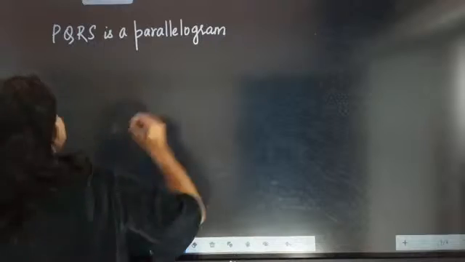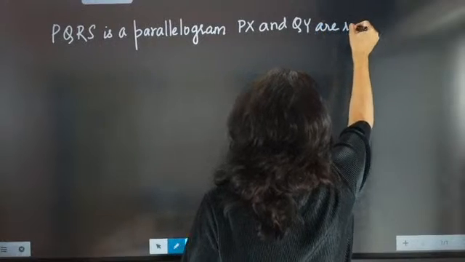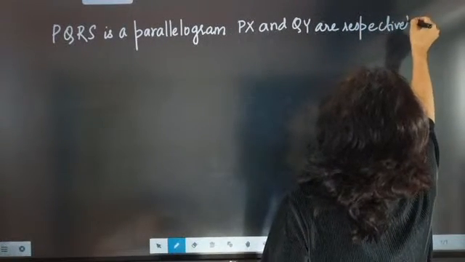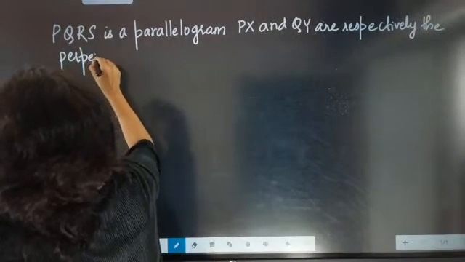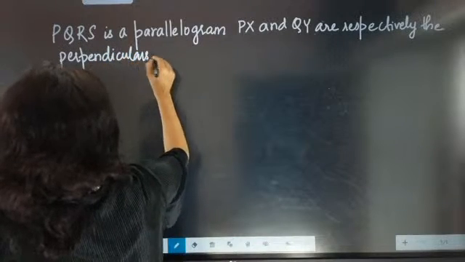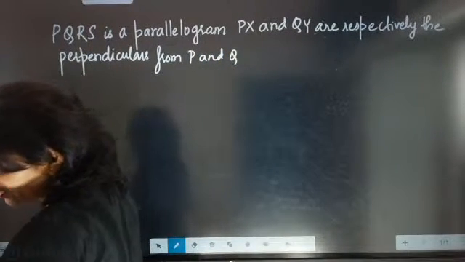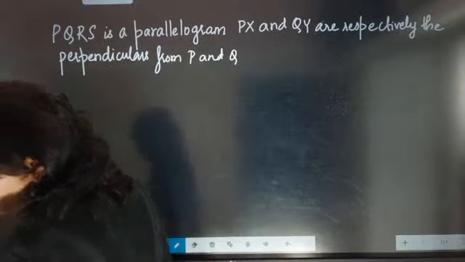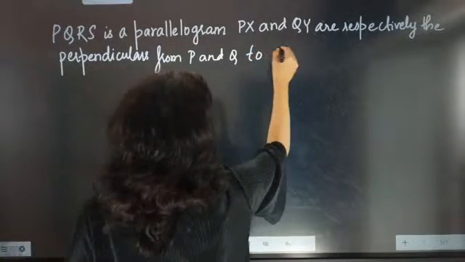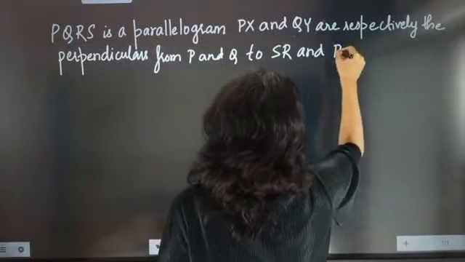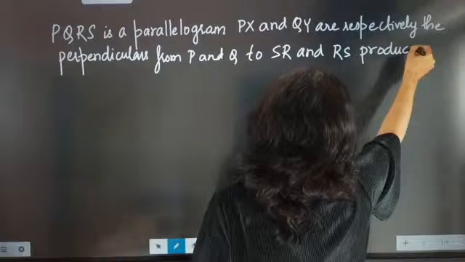PX and QY are respectively the perpendiculars from P and Q to SR and RS produced.